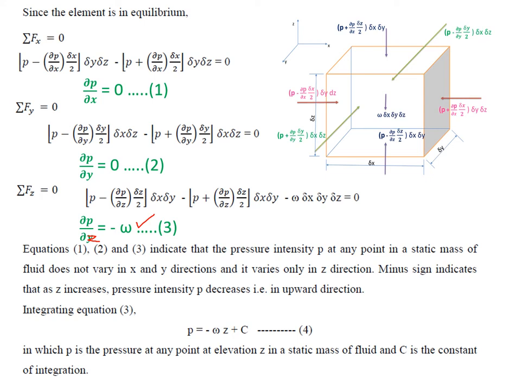It is the pressure at any point or at any elevation z in a static mass of fluid, and c is the constant of integration. Now it is required to find the value of c by boundary conditions. So this is the expression that you need: p equals minus w into z plus some constant of integration. So that is what I have shown here.